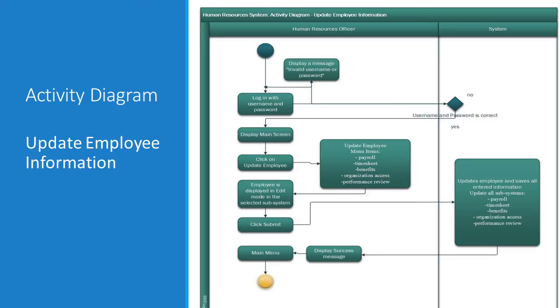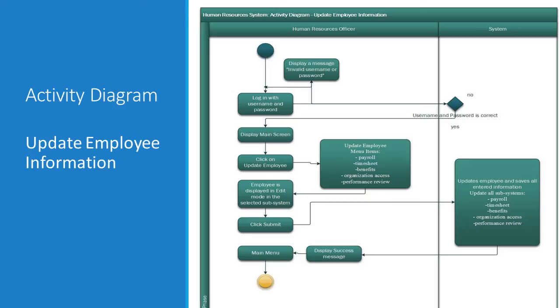On this screen, the HR officer will be able to do the following. She or he will be able to edit information in payroll, timesheet, benefits, and also be able to view performance review, and also manage and administer organizational access. Let's say that the employee is displayed in edit mode in the selected subsystem.